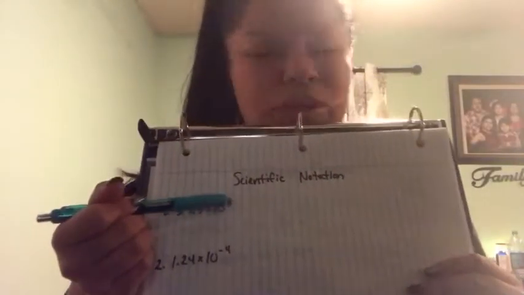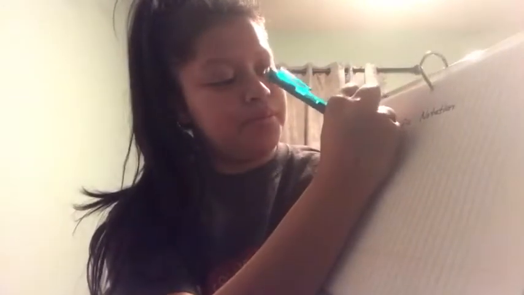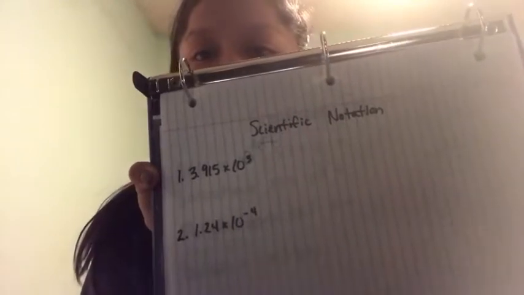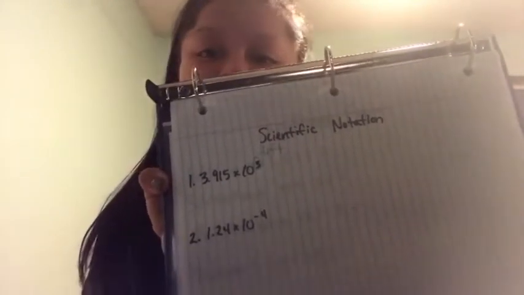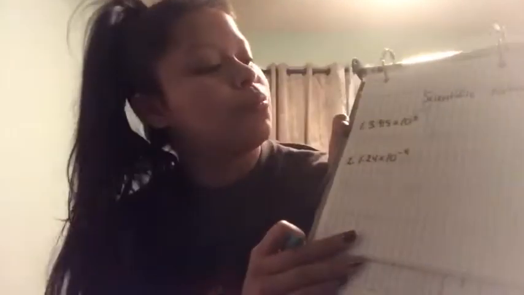So since the 3 is positive, that means that we already moved left. So we would just have to move to the right since it's the opposite. We will be moving it to the right 3 times. So first we write out the number 3.915, and then we will go to the right 3 times.